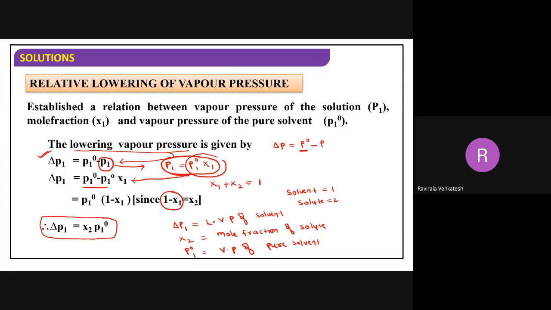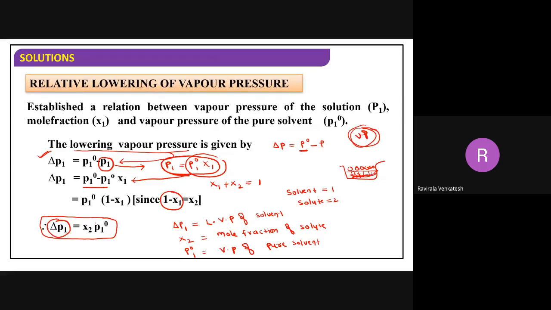Now, if you add more solute, what happens? When you add more solute to this solvent, will the vapor pressure decrease or increase? It decreases.